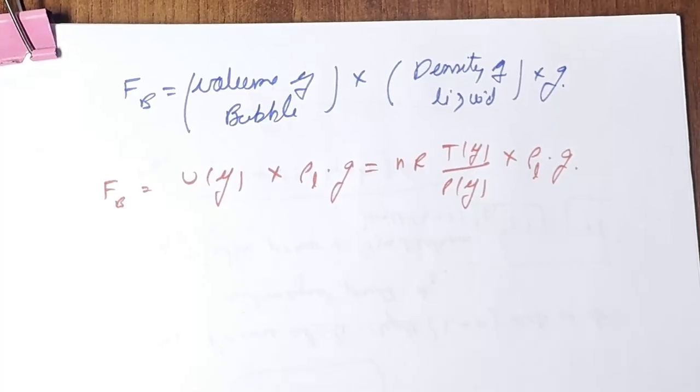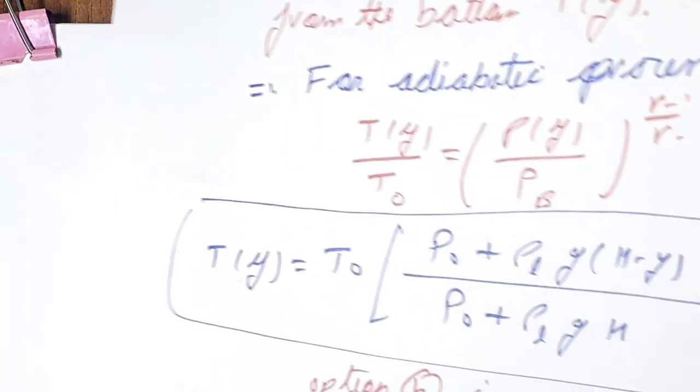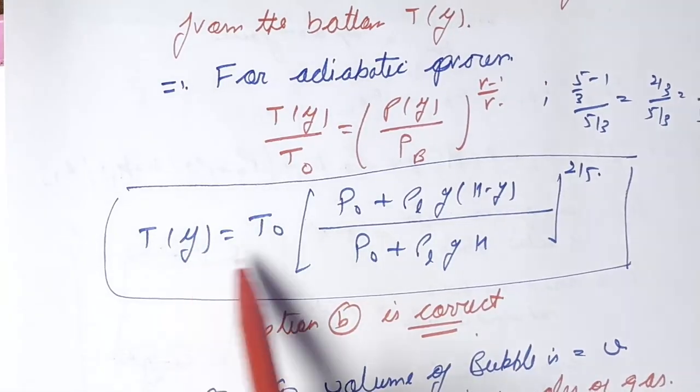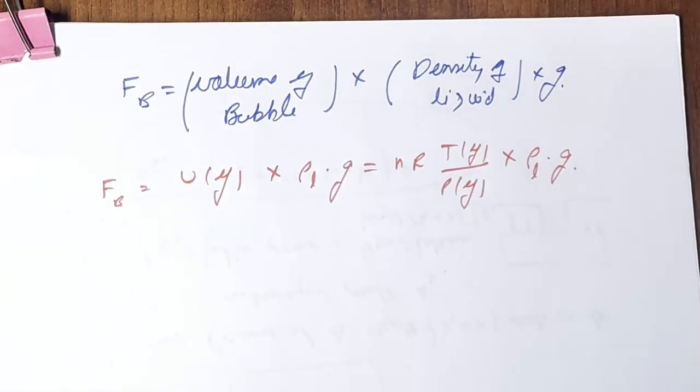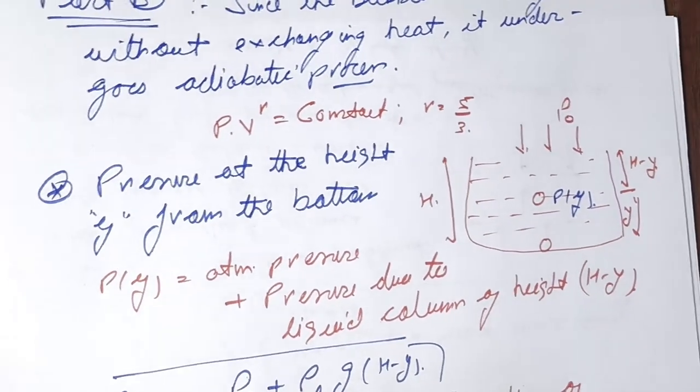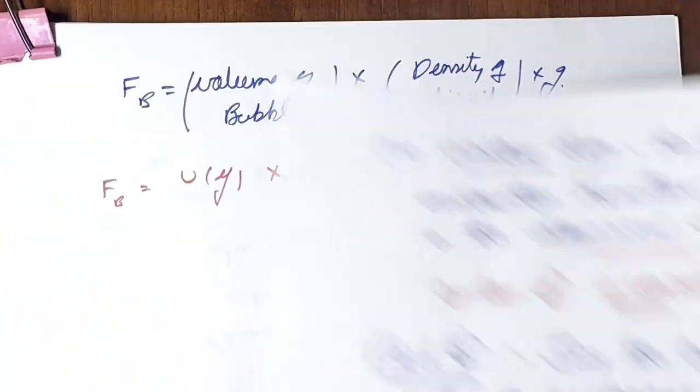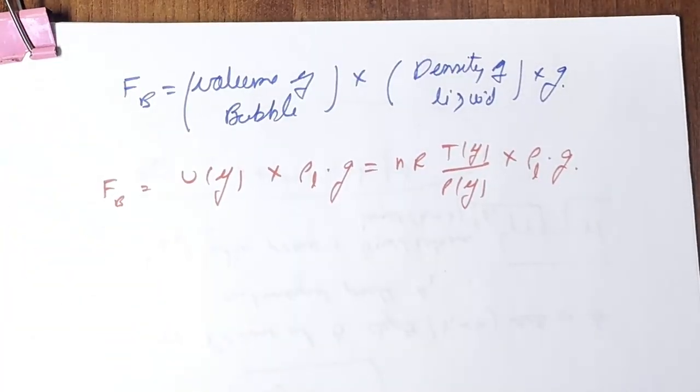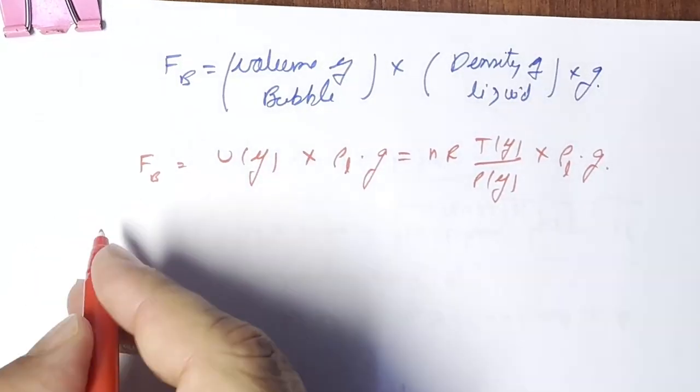Now in this equation, we are going to put in the pressure equation, that is P of Y, and T of Y. So this is our equation for T of Y, and we found what P of Y is, which is given by this equation. Let me write both equations here.